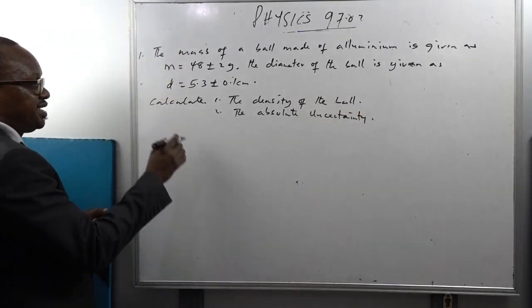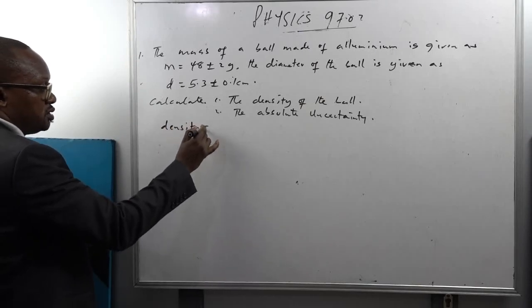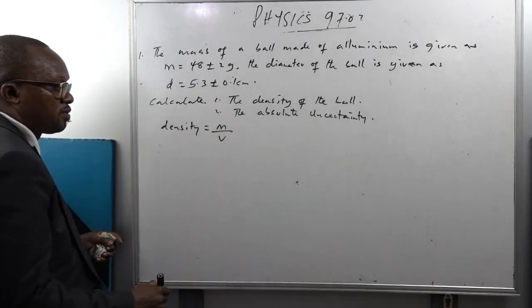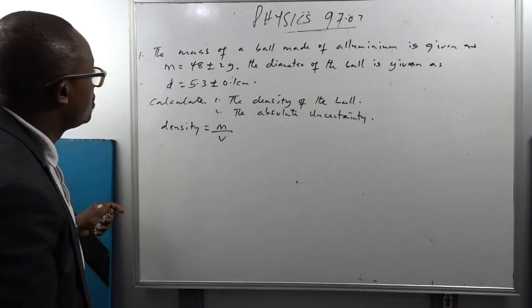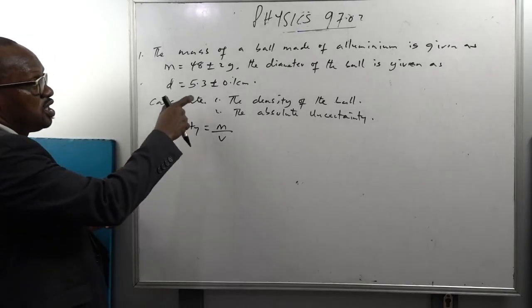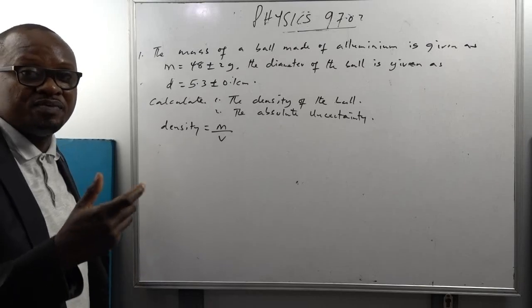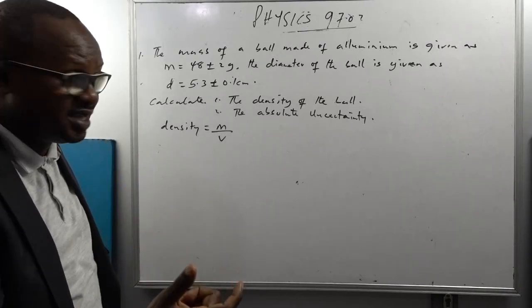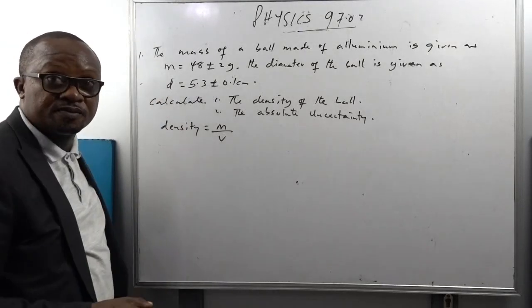So density is given as mass per unit volume, which is mass over volume. If you look at this question, you see that if you want to determine the volume of a ball, what you will measure is the diameter. From the diameter, you can determine the volume.